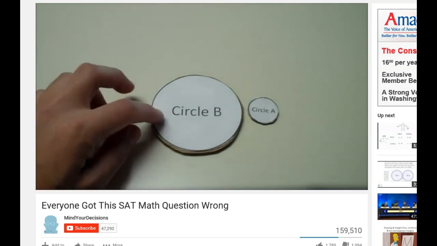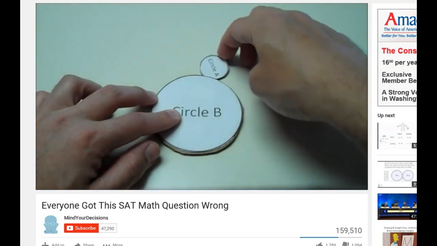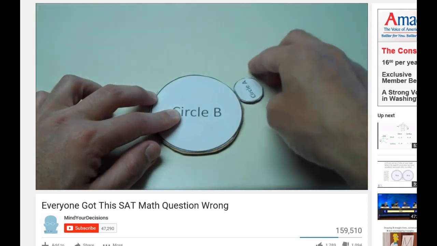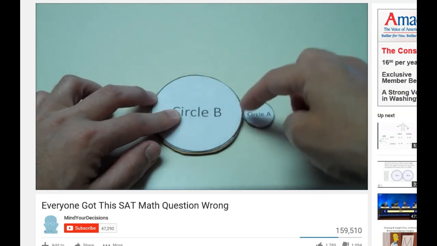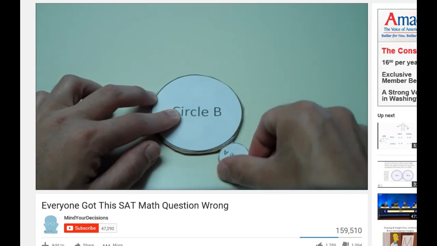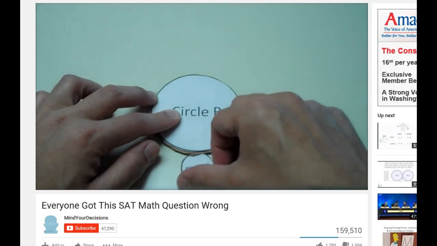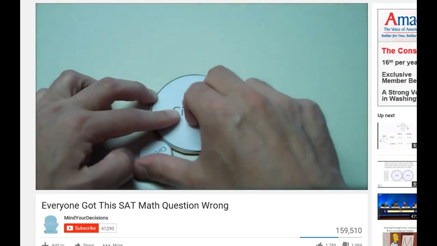I've made cardboard cutouts of these circles. If circle A starts at the top and I carefully roll it around circle B, after 1/4 of the distance, circle A has already revolved 1 time. When we go halfway around circle B, circle A has rolled around a 2nd time.